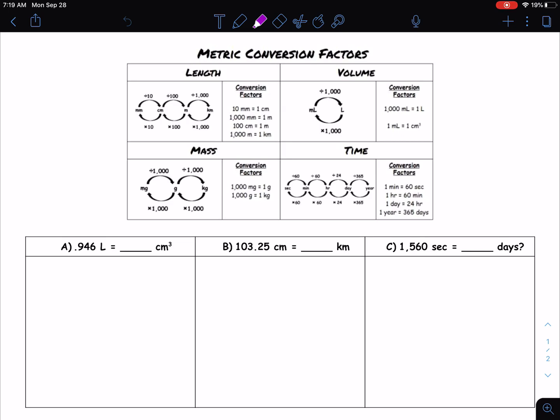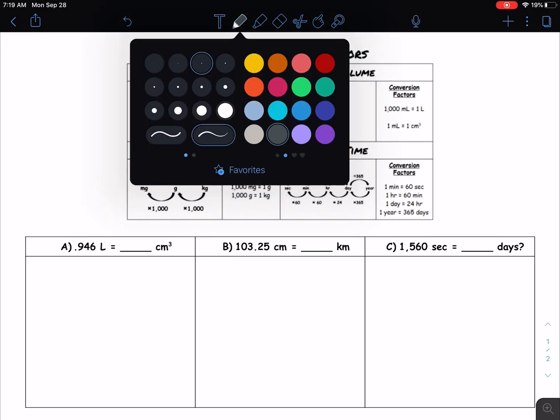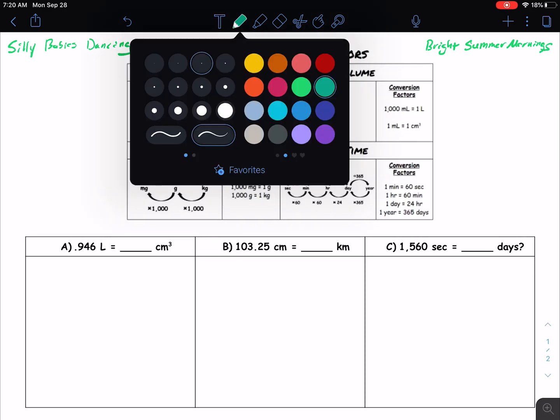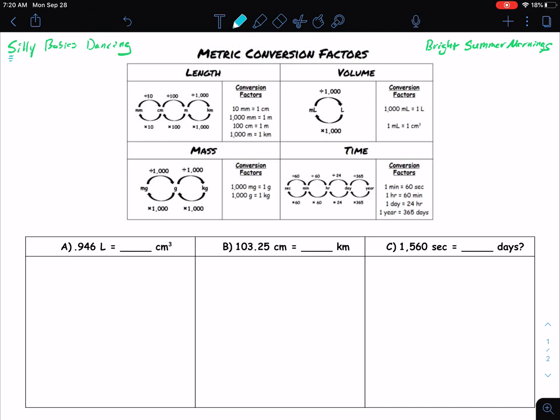Now, last week when we were working with unit conversions, we were looking at the two rules of silly babies dancing and bright summer mornings, where remember, we're looking at these letters here for what they mean.